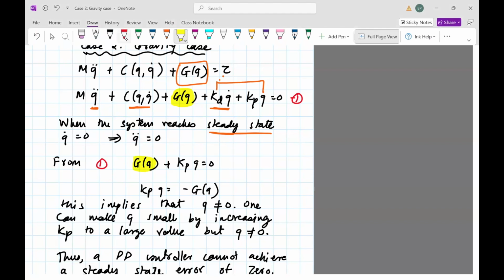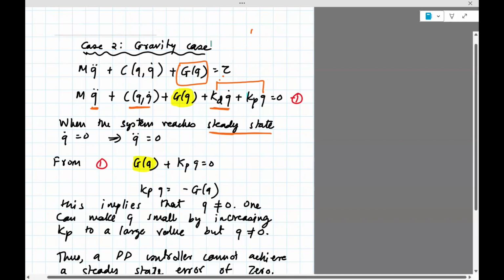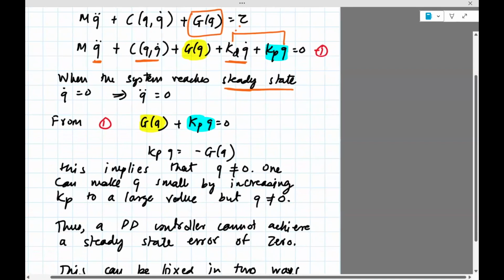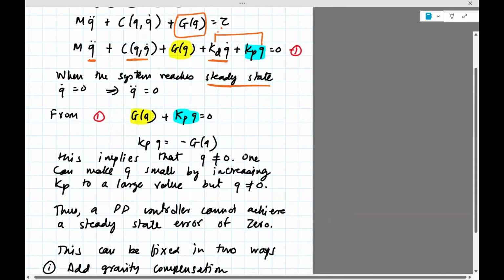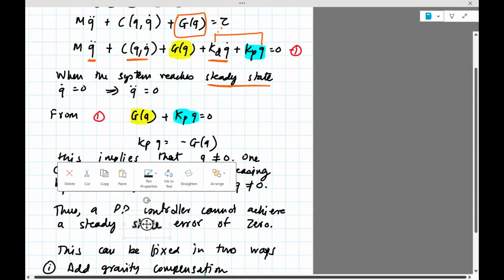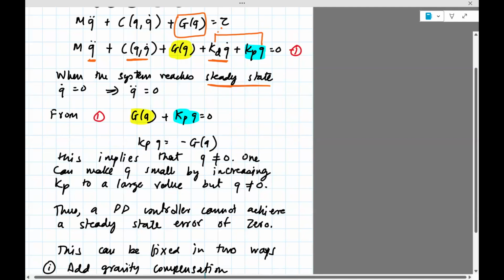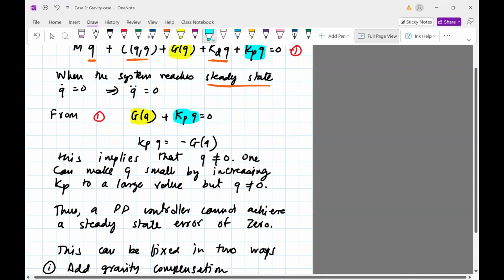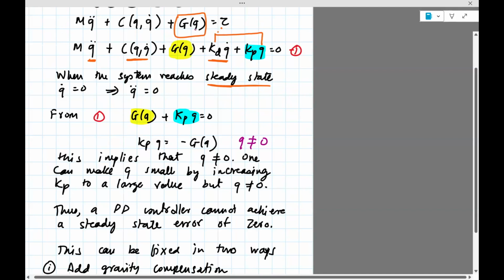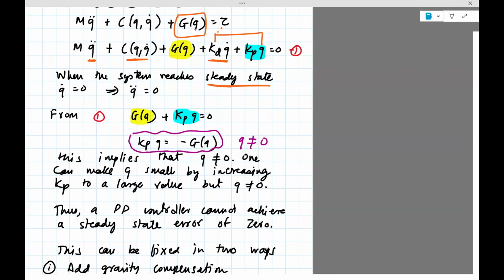And then the other term, which will not be 0, is KPQ. So you see that when you have gravity and you assume a PD controller, Q is not 0, because KPQ is minus G of Q. Now you cannot quite take KP to the other side unless KP is a diagonal matrix.